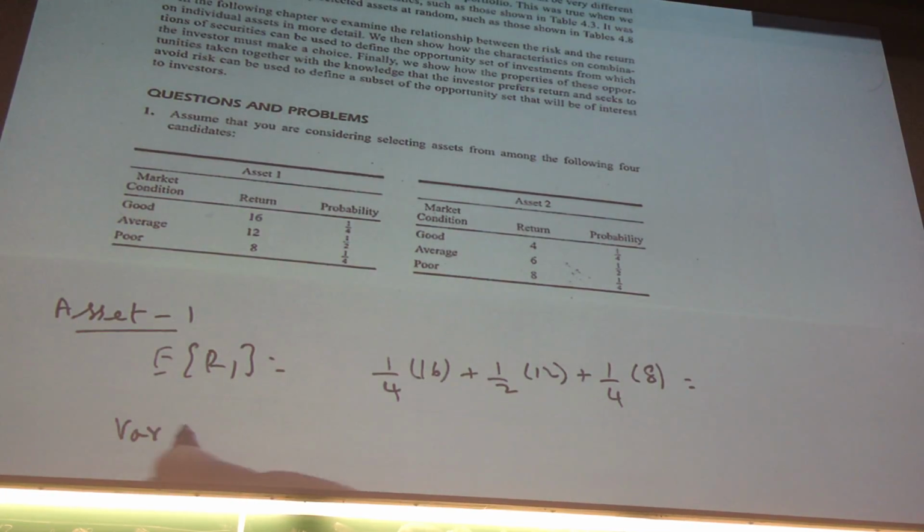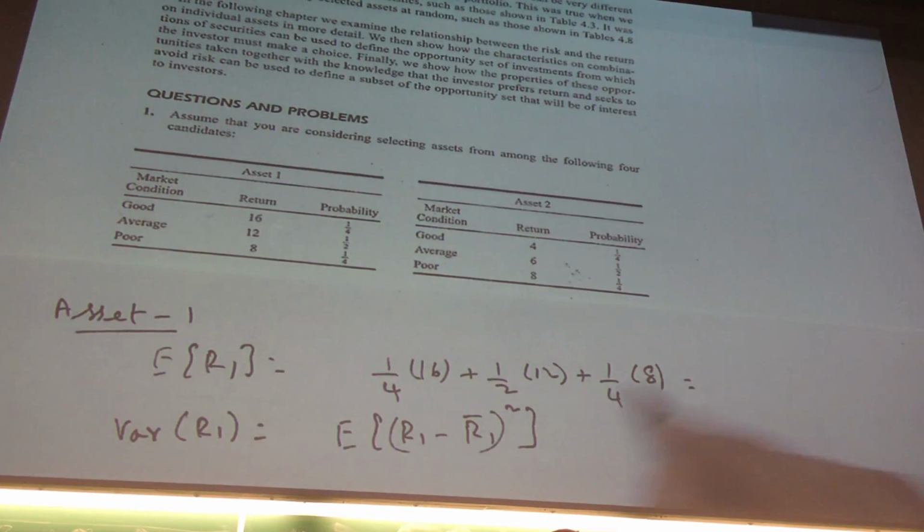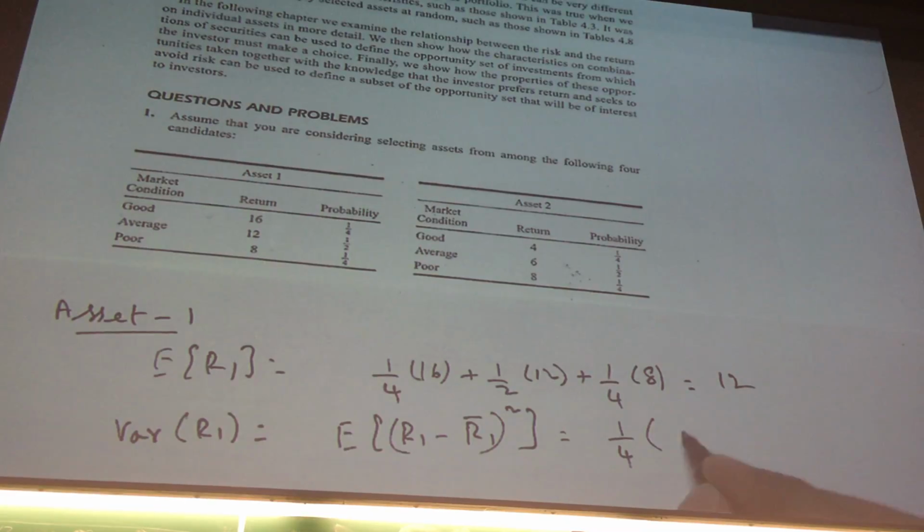And the variance of R1 is equivalent to the expected value of (R1 minus R1 bar) squared. What is the expected value here? You have 4 plus 3. How much? 12. And you can find the variance. So variance is not an issue here. You have the probability 1/4, and that is (16 minus 12) whole squared plus the rest.